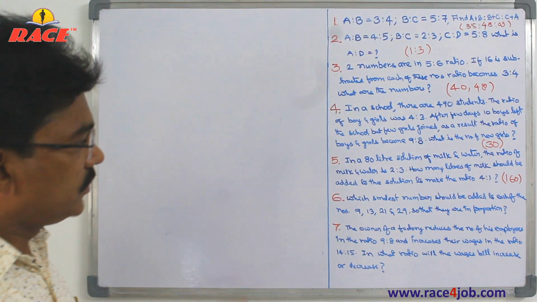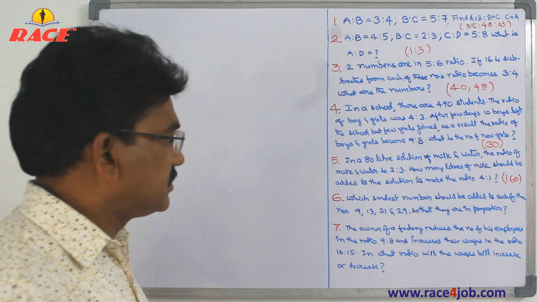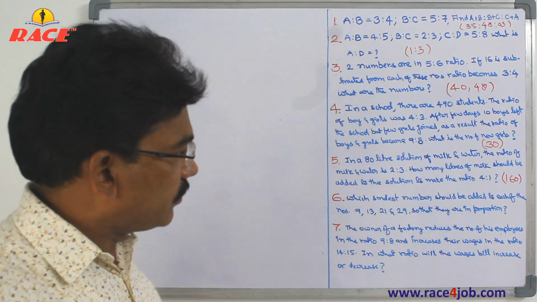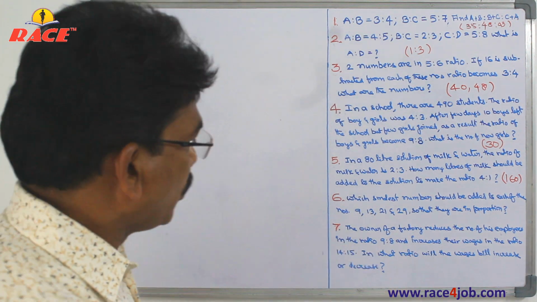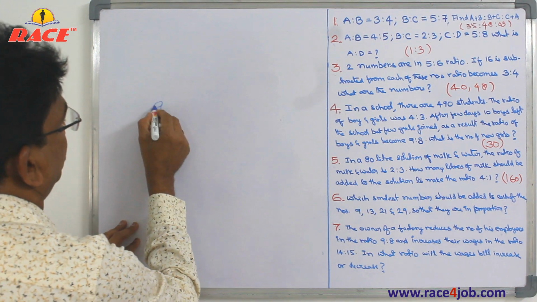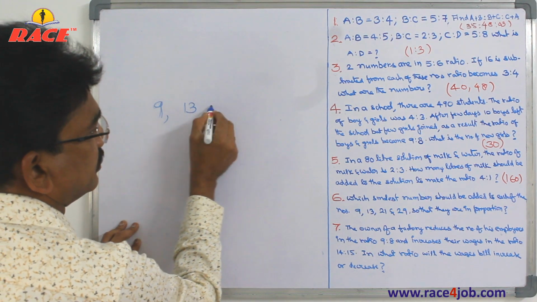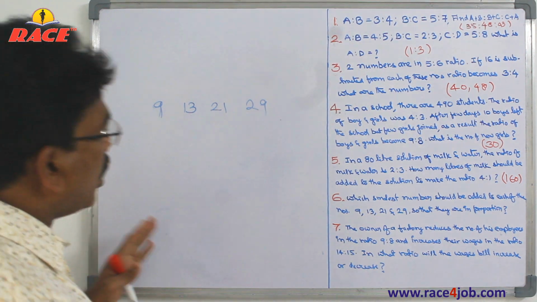Which smallest number should be added to each of the numbers 9, 13, 21 and 29 so that they are in proportion? Okay, there are 4 numbers 9, 13, 21 and 29. And how much should be added?